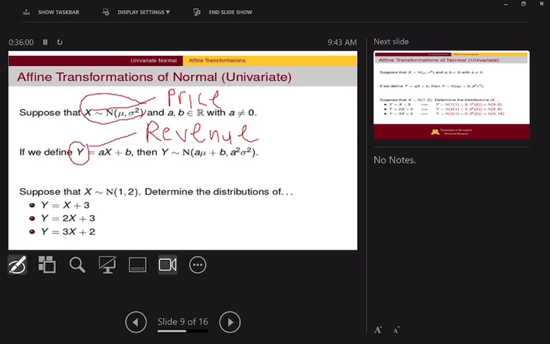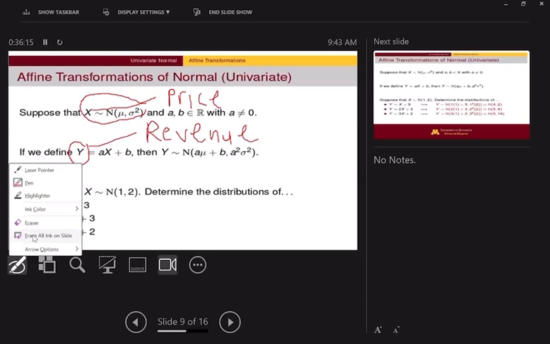If price is a random variable following a normal distribution, Y, a linear combination of X, is also going to be normally distributed. That is exactly what I'm trying to point out. Take a look at this.